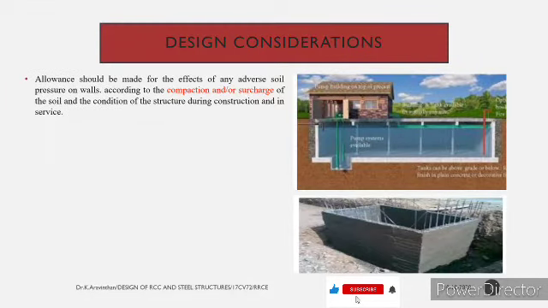Then design consideration. While starting your design, allowance should be made for the effects of adverse soil pressure on the walls. See, this is an underground water tank. You can see that the soil is surrounding it on all four sides.